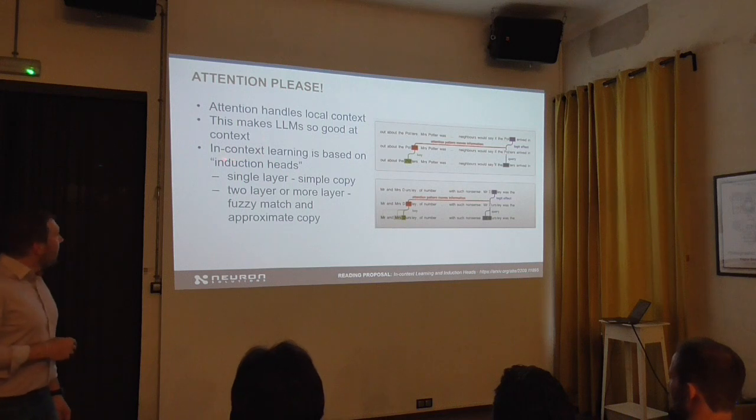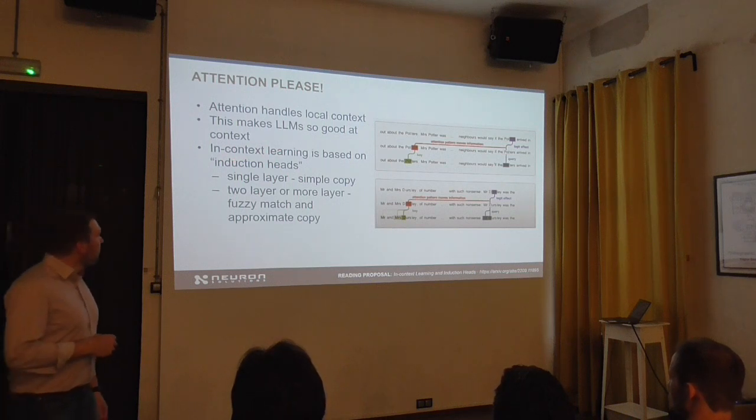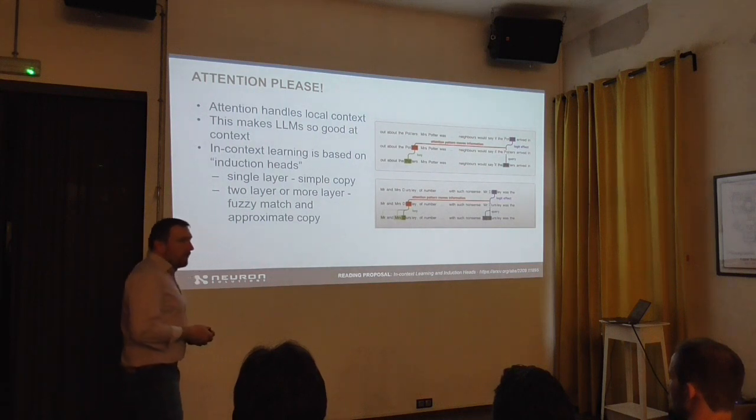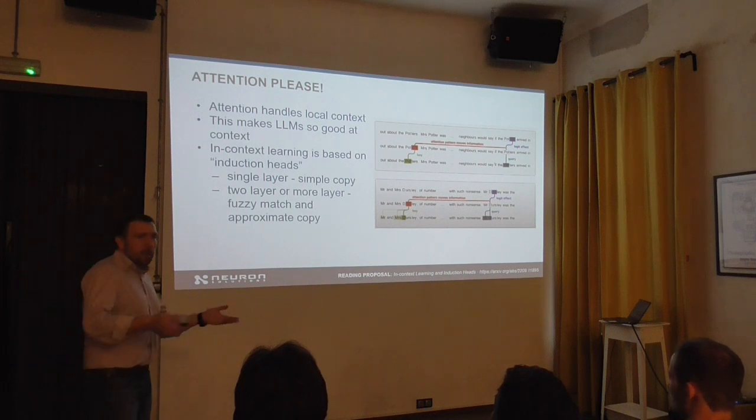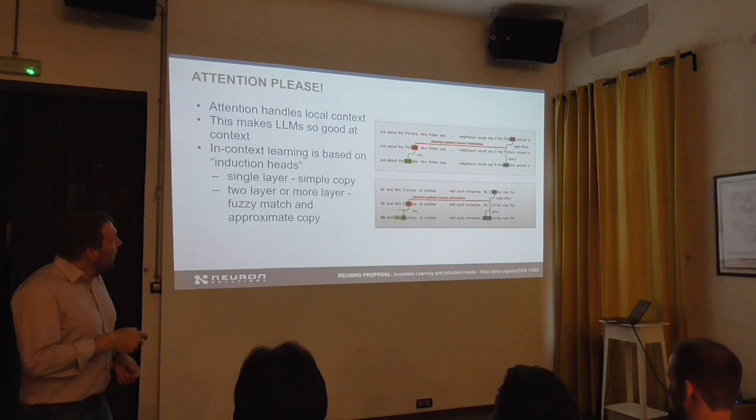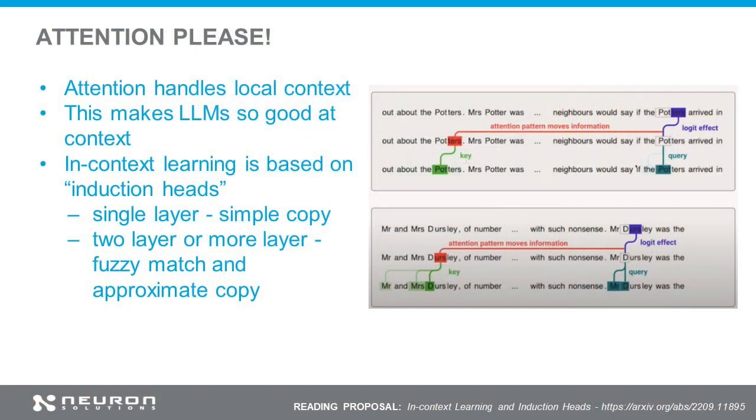Even more, they can show a phenomenon which is called in-context learning, which means that they can behave differently within the context than they normally behave. Like you can see here, can you read that? Okay, then I'll just tell you what is in the picture. Here we have a text, and we try to predict the next part of the text. What does the model do? The model looks back.